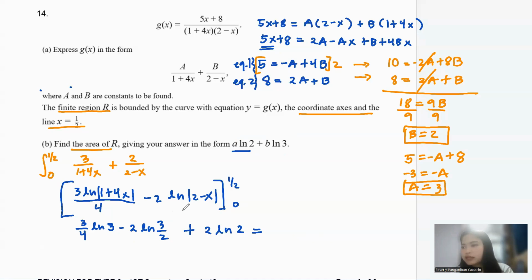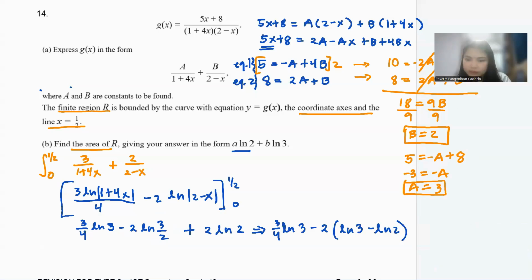Okay, so meaning to say, if I have ln3 over 2 here, this one can be written as, let me just write, 3/4 ln3 minus 2 ln3 minus ln2, right? Because they are dividing. And then that one will become 2 ln2.